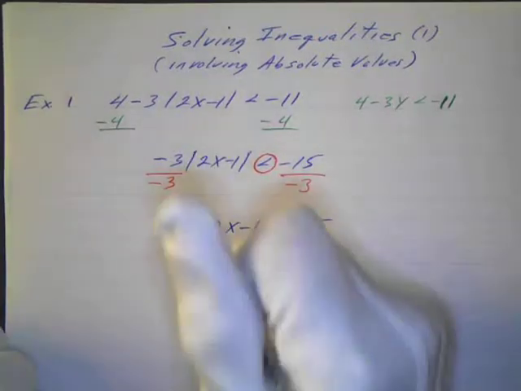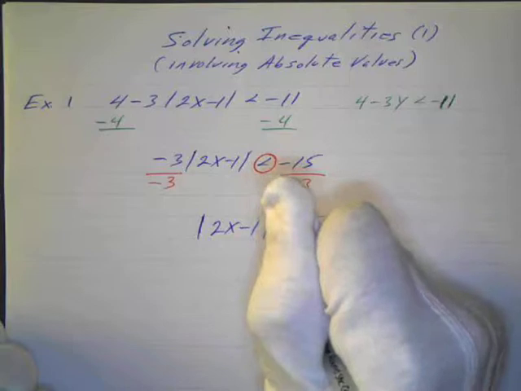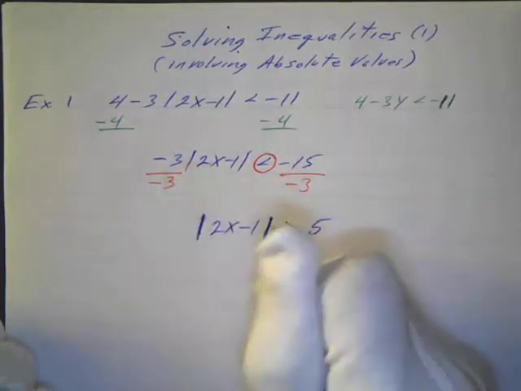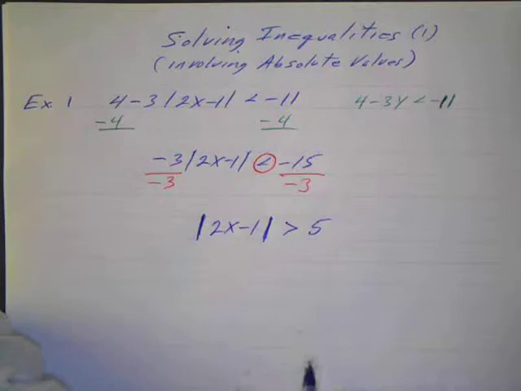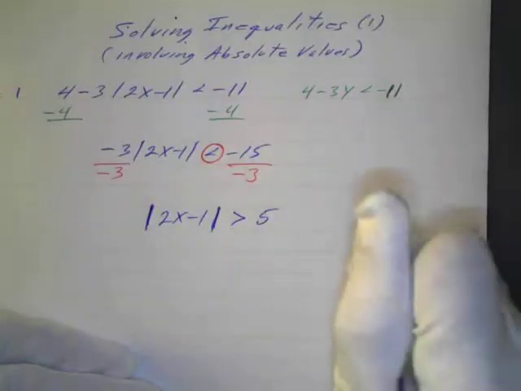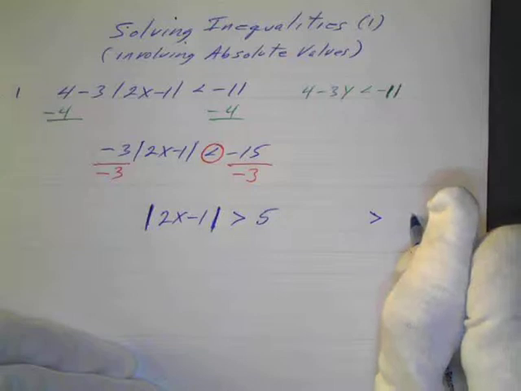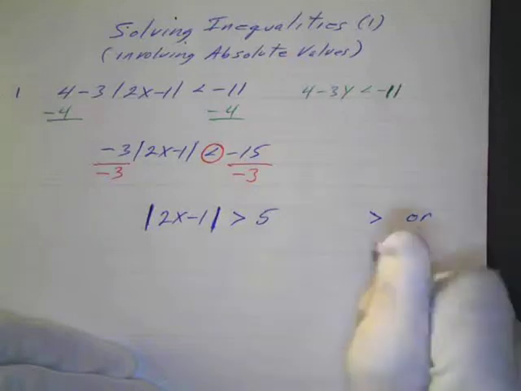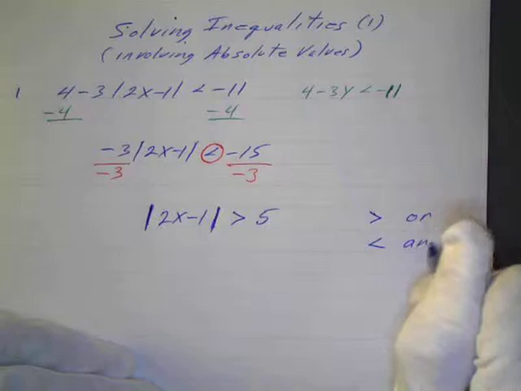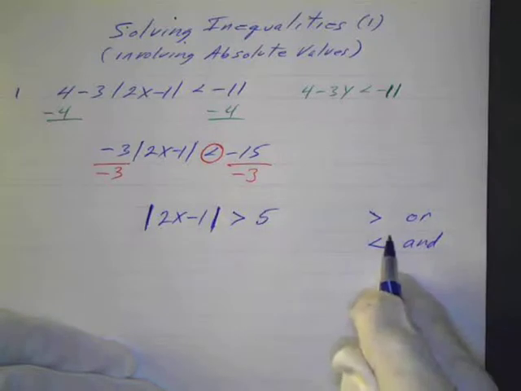Now I have to decide what I'm going to do with this greater than. We can use the definition of the absolute value to work this out, but it's kind of complicated. So we'll just tell you that if we have a greater than, it's going to be what we call a disjunction. If we have less than, it's going to be what we call a conjunction, an and. Now you have to remember that.